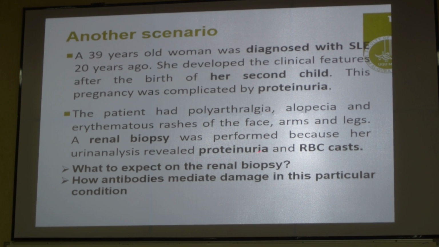Then you did a biopsy, and how are they causing damage? Again, that's the typical first figure that I showed you. The immune complexes, complement activation, the mononuclear cells will come there, and they will cause damage through cytokines and other mediators.